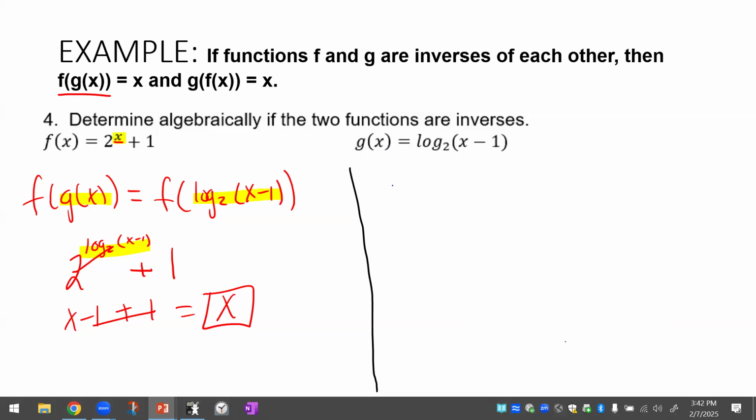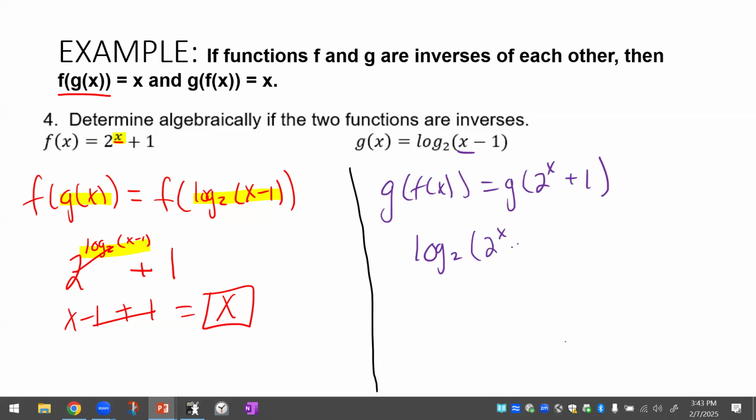Okay, we're going to do our right hand, which is g composed of f of x, which equals g composed of 2 to the x plus 1. So I'm replacing the x with 2 to the x. So we have log base 2 of 2 to the x plus 1. And don't forget there's already a minus 1 there.